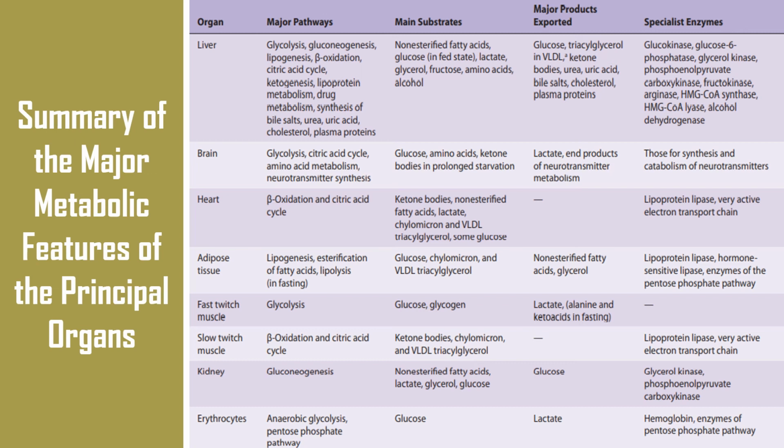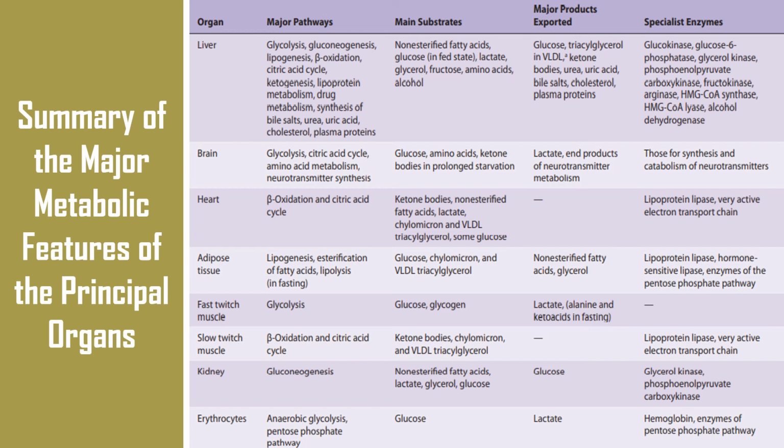In the kidney, gluconeogenesis is the major pathway. Main substrates are non-esterified fatty acid, lactate, glycerol, and glucose. Major product exported by the kidney is glucose. Specialist enzymes are glycerol kinase and phosphoenolpyruvate carboxykinase. For erythrocytes, which are red blood cells, the major pathways are anaerobic glycolysis and the pentose phosphate pathway.